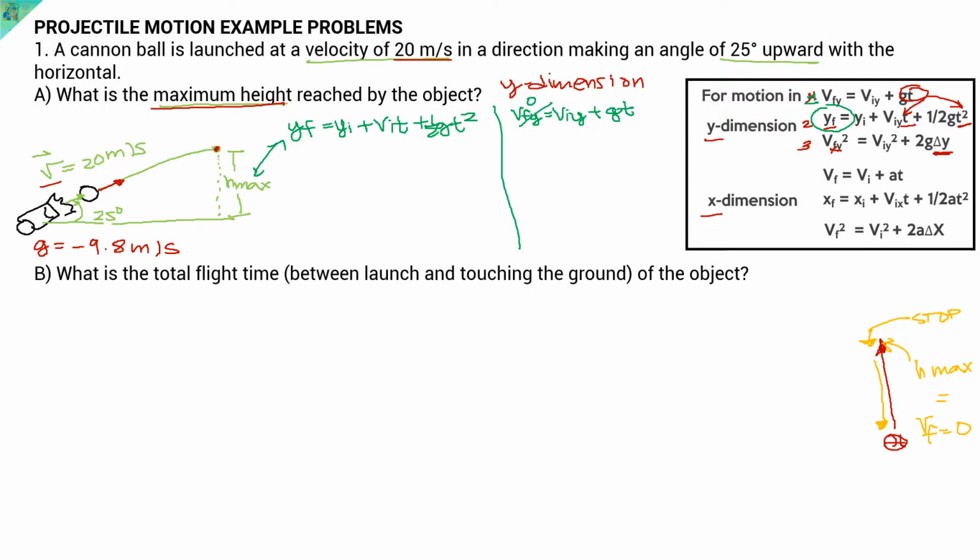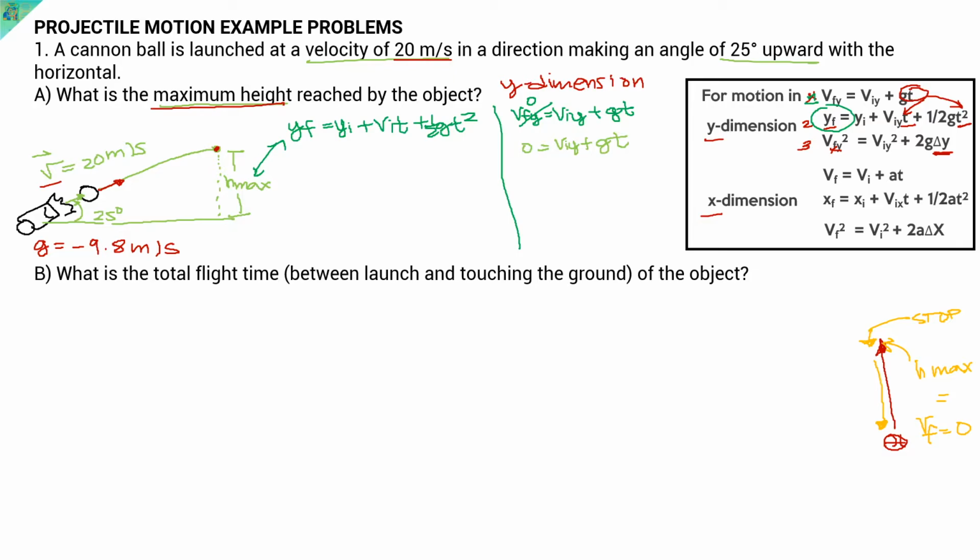Okay? Which means our formula would be 0 is equal to VIY plus GT.